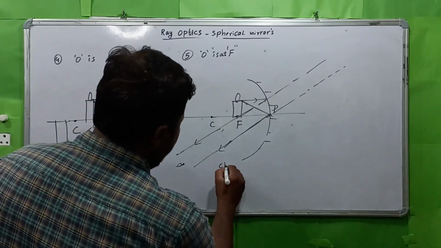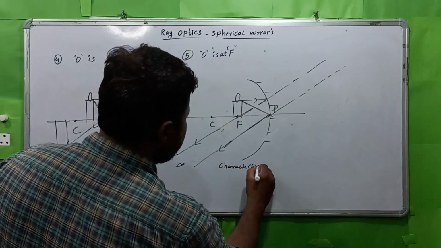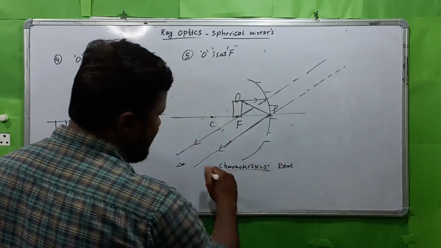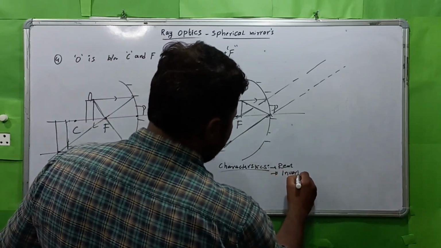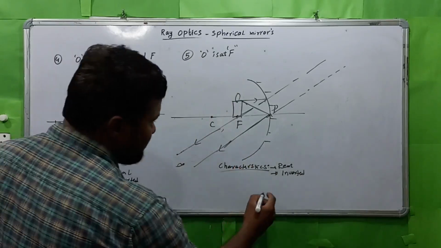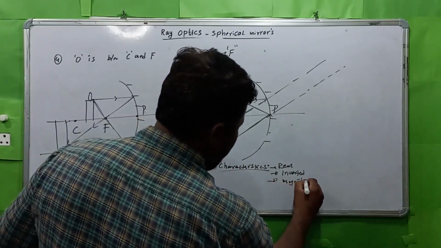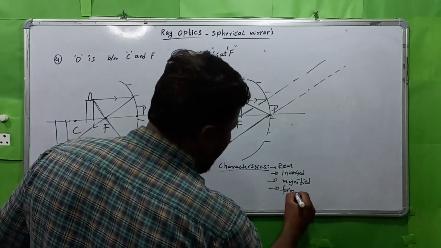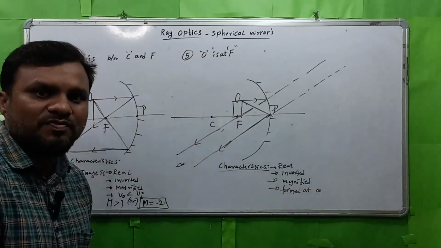So if I write the characteristics for the image: image is a real image. Inverted, should be inverted only. Magnified image, magnified only. And the image is going to be formed at infinity distance. You have to remember one thing.